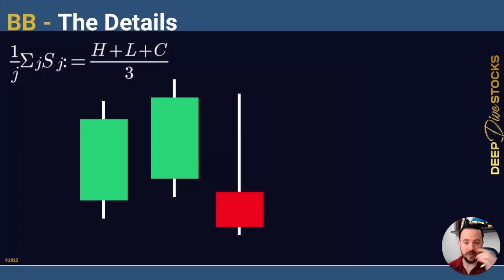So let's look at it with a little bit more detail. Suppose we have a 10 for our high on this candle, a close of 8, and then a low of 5. If we add these up and divide by 3, we get 7.6. Let me change the color real quick.